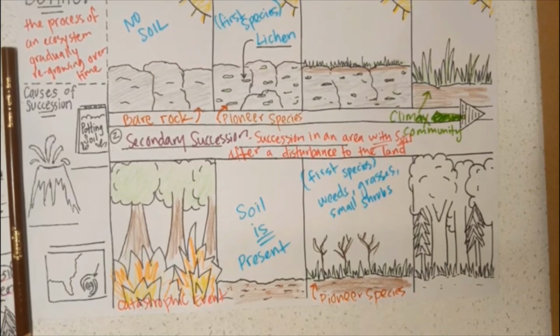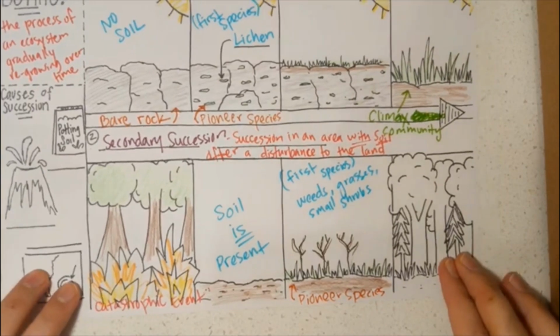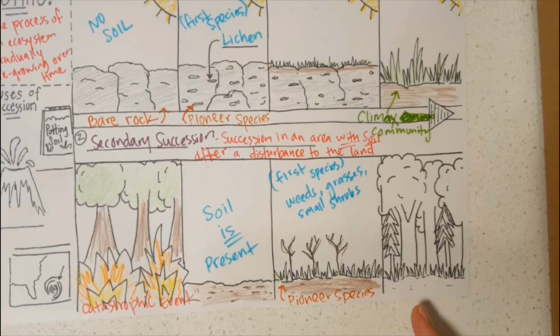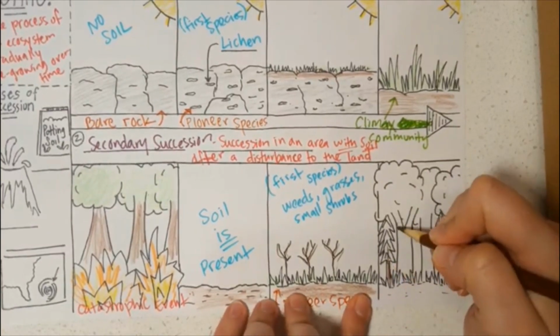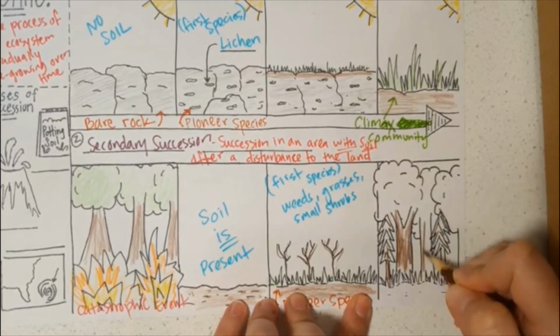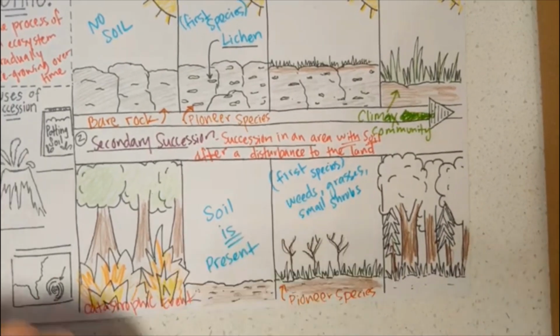Once our weeds, grasses, and small shrubs start to regrow, we're going to see insects returning. And then once insects return, small mammals can return. And that whole process is going to take a few years to keep that ecosystem regrowing until it grows back to what it previously looked like. So it's going to grow back to the forest ecosystem that it started off as. Got some trees.